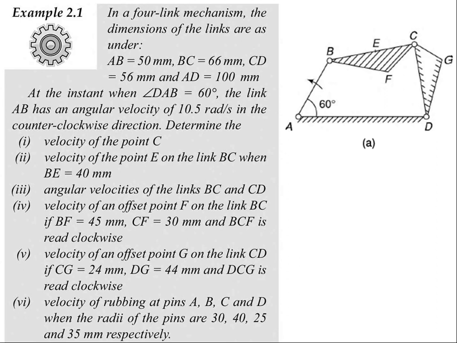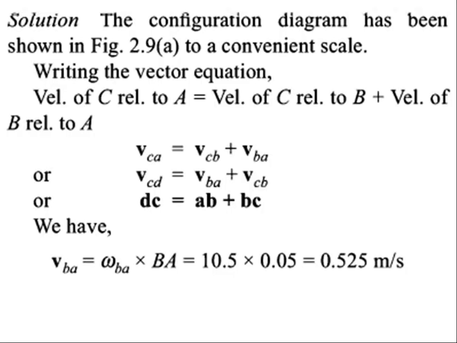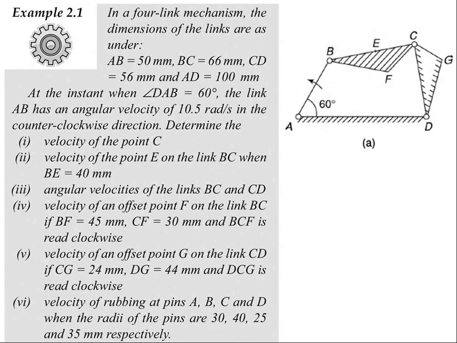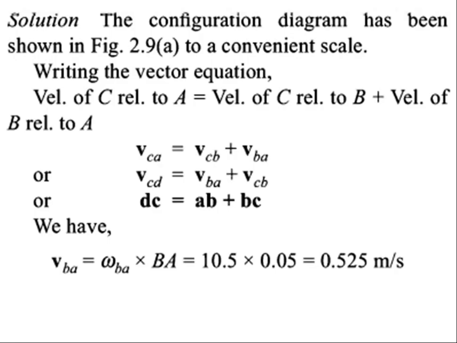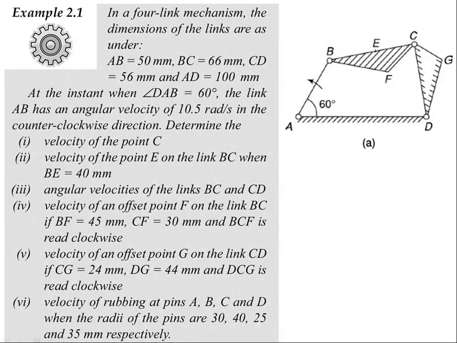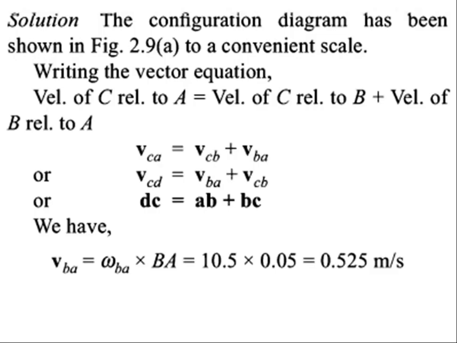Here in this case it is A. So after taking the configuration diagram, the vector equation can be written: the velocity of C relative to A, which is what you are going to find out, will be nothing but the velocity of C relative to B plus the velocity of B relative to A. From C to A means C to B and then B to A. Like this you need to consider.